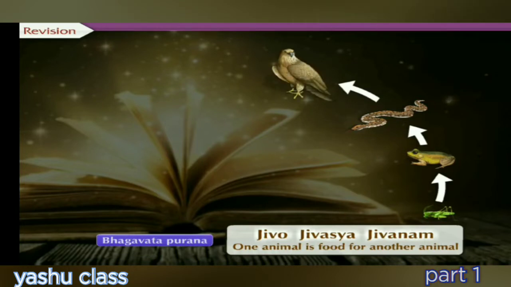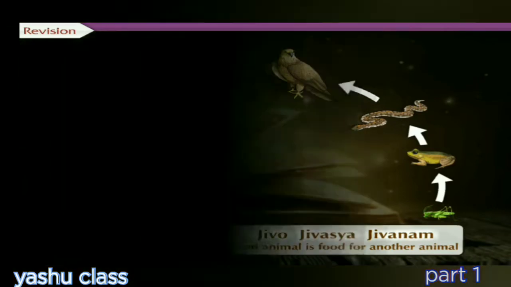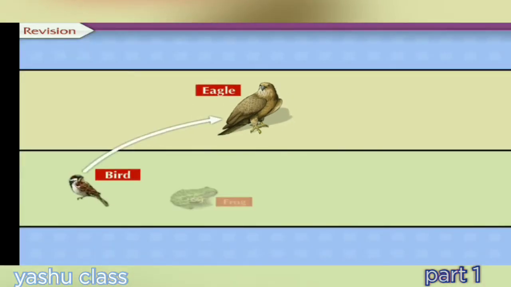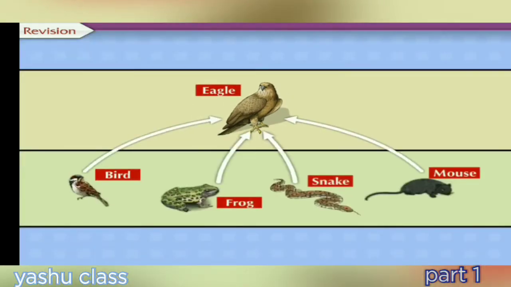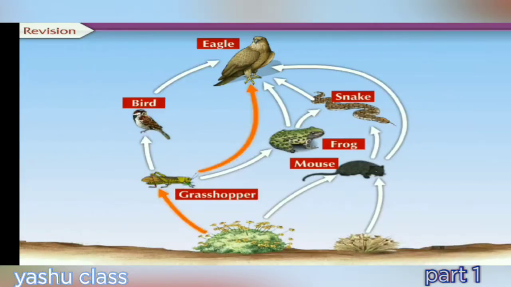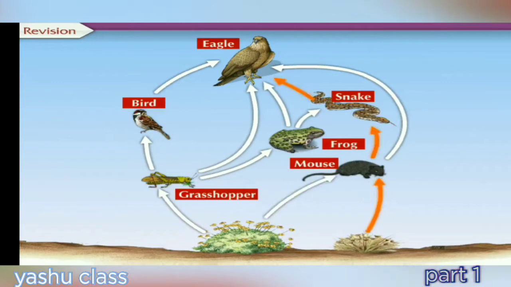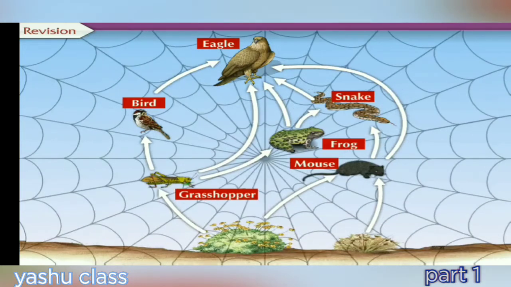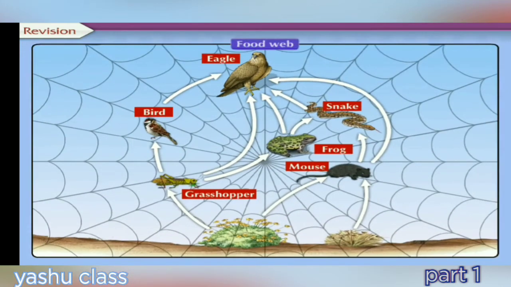In this way, the process of destruction goes on for the subsistence of living beings. This is nature's law. Sometimes, depending upon the availability of food, a predator changes its prey. Due to this, different food chains are formed and they become interconnected to each other. This creates an intricate network in the ecosystem called the food web.